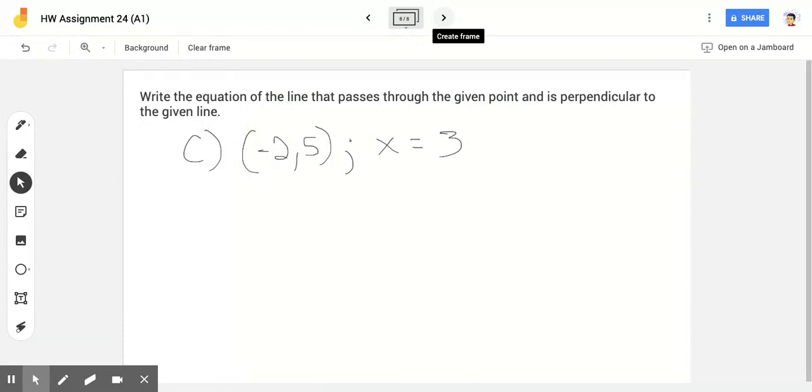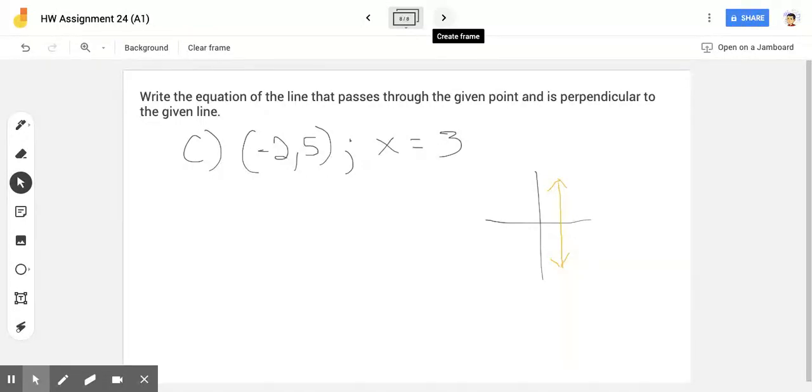nice. Last one. All right, so this is one of these special case ones, similar to like the one we saw yesterday. So for this one, because it says just x is equal to 3, I'm going to draw my little coordinate grid here. I know that the equation for x equals 3 has to be right here. All right, where x is 3.